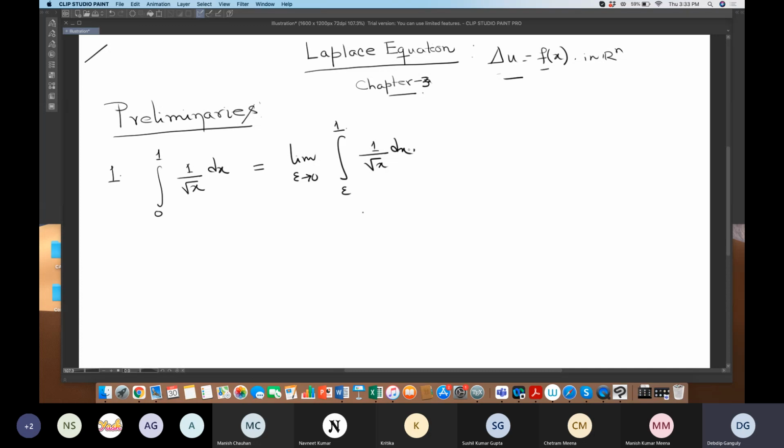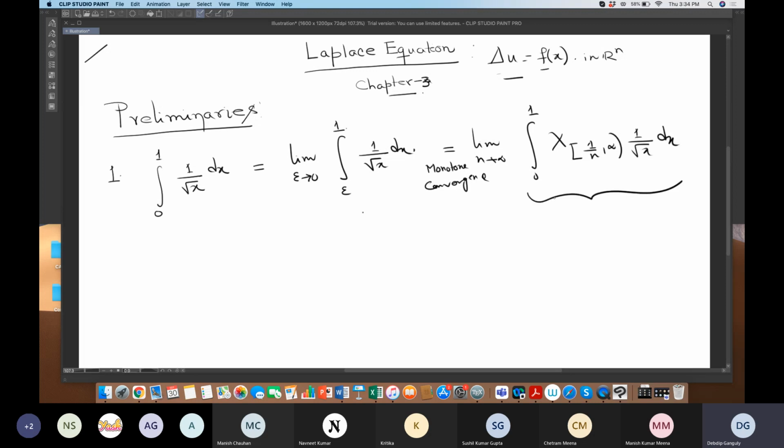In other words, I can write the limit as n tends to infinity, by monotone convergence, of the integral from 0 to 1 of the characteristic function of [1/n, 1] times 1 by root x dx. Yes or no? This equals this.